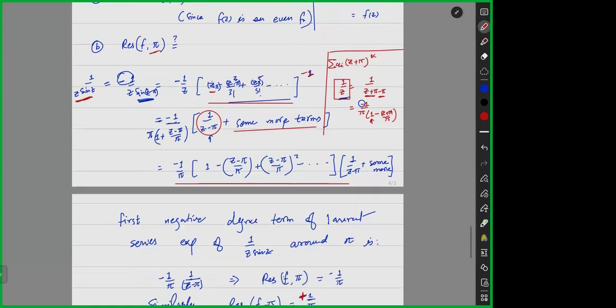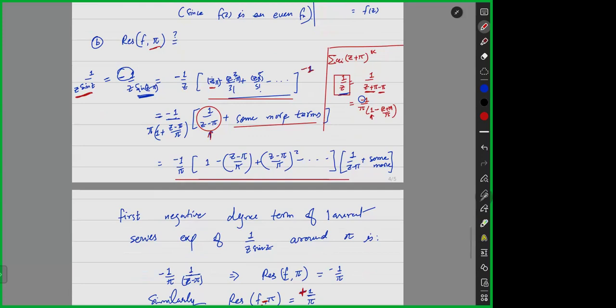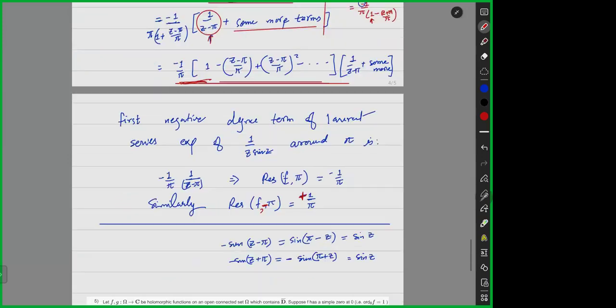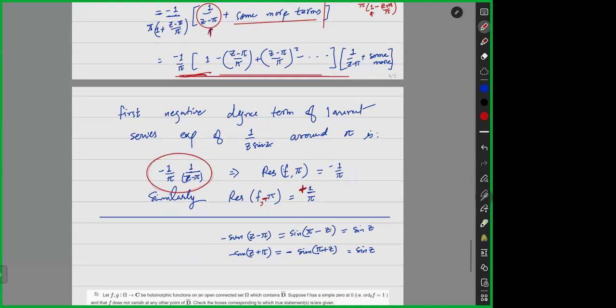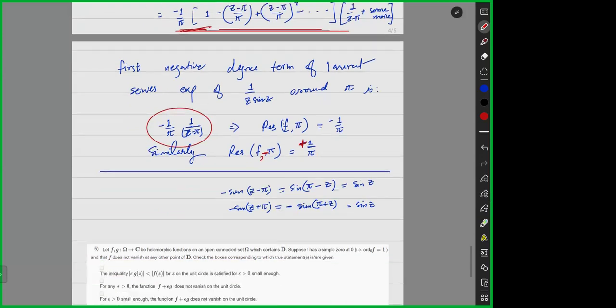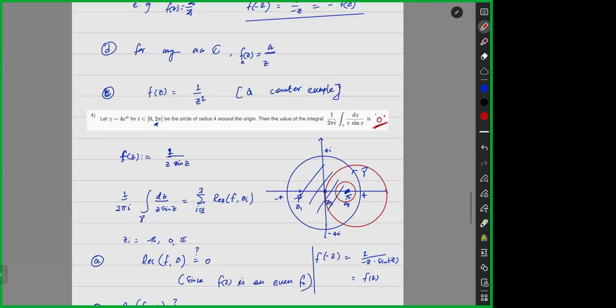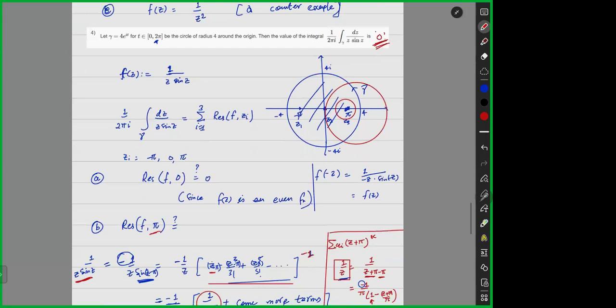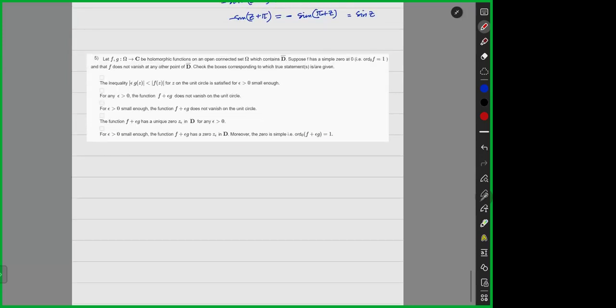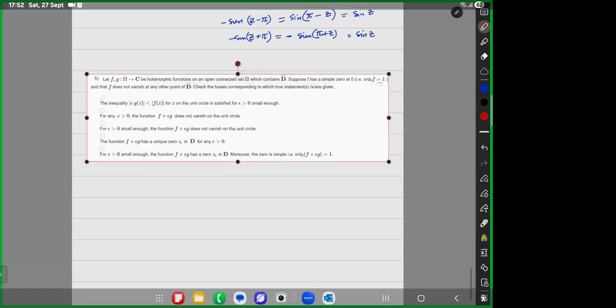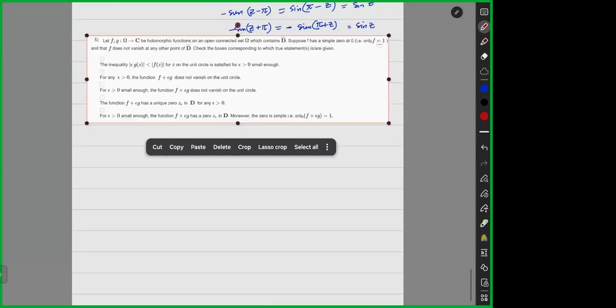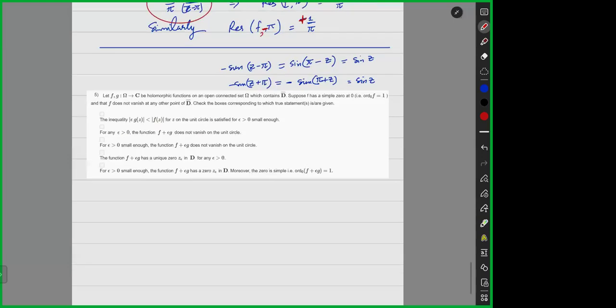We just calculated the first negative degree term here and the constant term here, because all of the others are positive degree terms. So this constant term is minus 1 by pi, and multiplied together we get this. From here you calculate the residue of f at pi, and similarly at minus pi you will get plus, and hence the integral will be 0. This question was a little tough to solve. I think the next part is easy and we'll do it quickly, finish it, and then we'll leave.